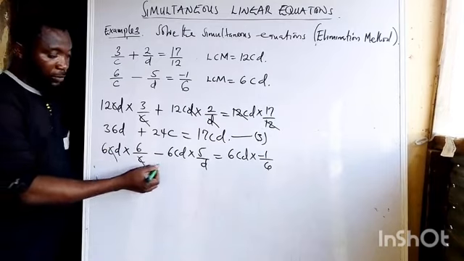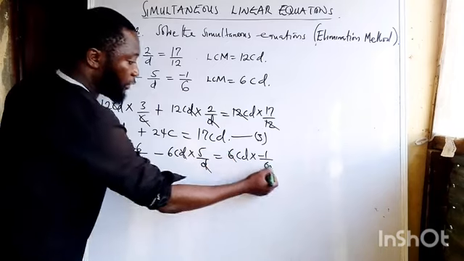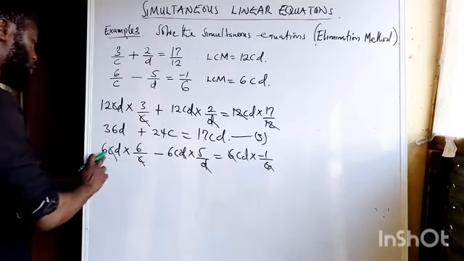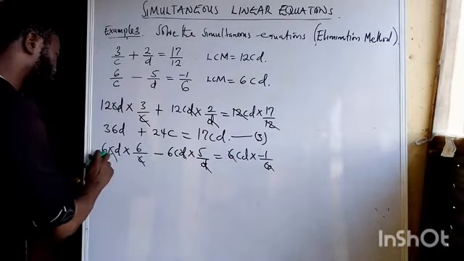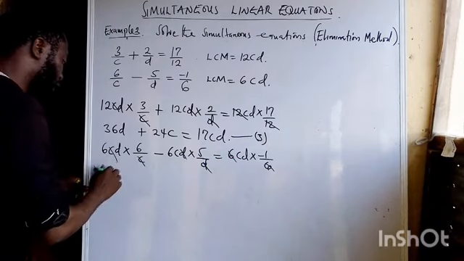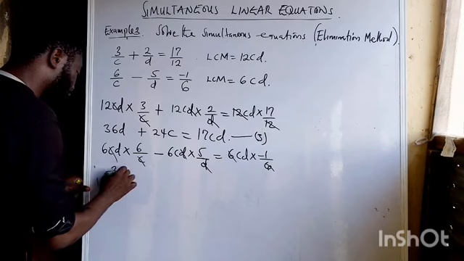This cancels out this. D is gone here. 6 cancels out here. What is left now? So now we have 6 multiplied by D multiplied by 6, that's 36D.